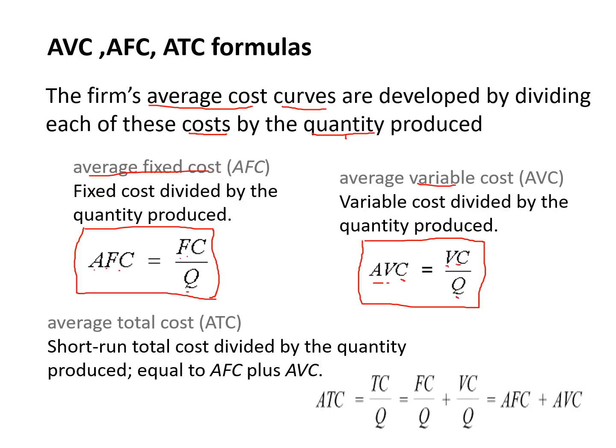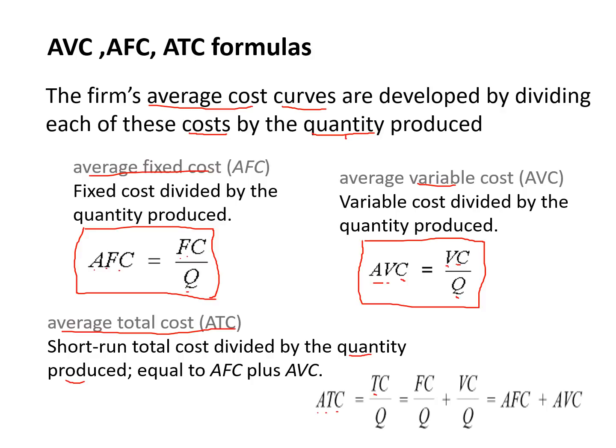And therefore the average total cost will be found by dividing the total cost by the quantity produced, but we can also represent that by adding up the average fixed cost and the average variable cost. So we have a number of formulas down here, and this just describes the two ways you can calculate the average total cost.